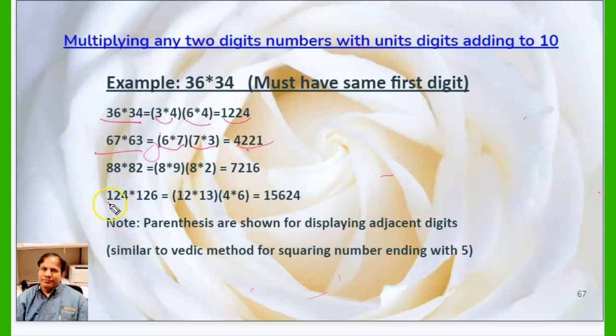Of course you can have 3-digit numbers, so if I have 124 times 126, the left two digits 12 are the same, so we multiply 12 times 13 as the left digits. The right digits are 4 times 6, so we get 15624.